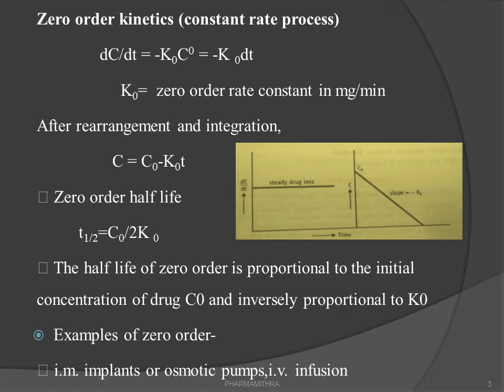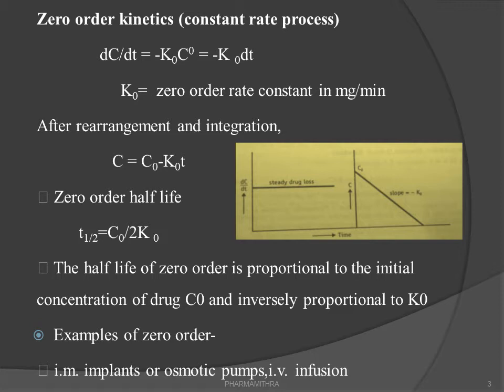The general equation we studied is dC by dt is equal to minus k0 C raised to n. Here the order is 0, so the equation becomes minus k0 C raised to 0, which equals minus k0. After rearrangement and integration, C is equal to C0 minus k0t, where C0 is the concentration of drug at time 0 and C is the concentration of drug yet to undergo the reaction at time t.